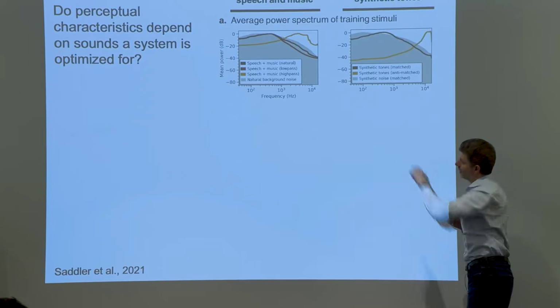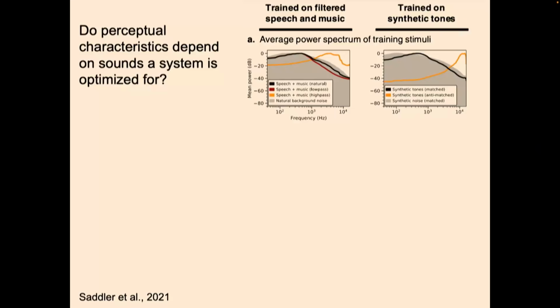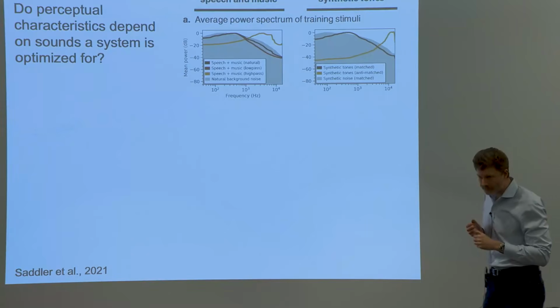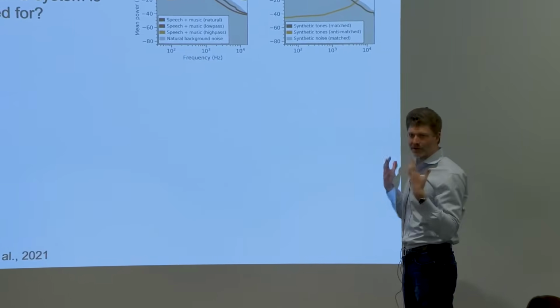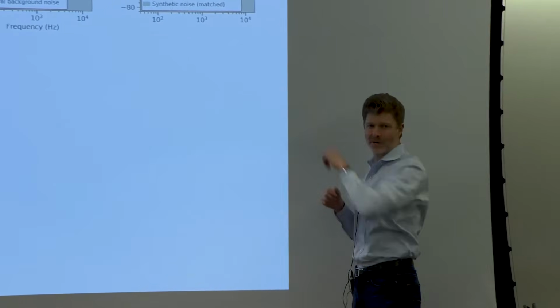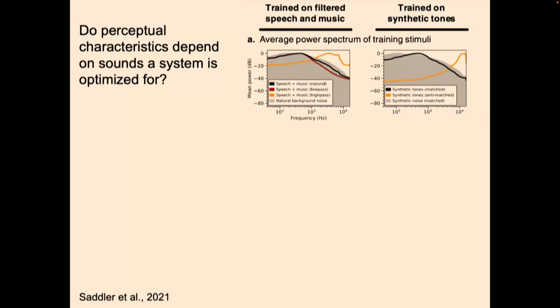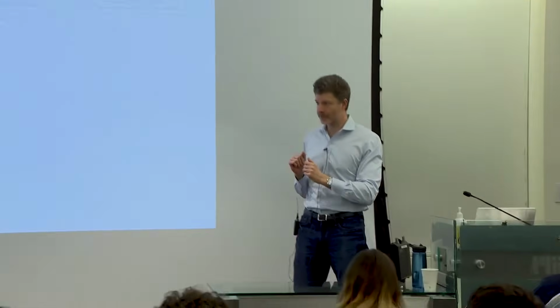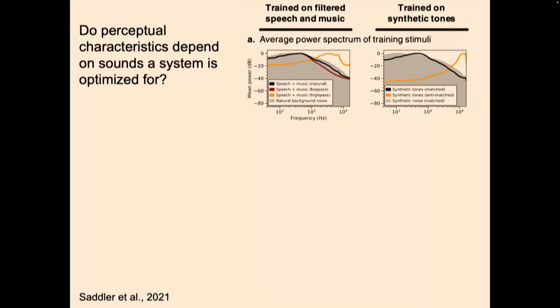The black line is the average spectrum of speech or music stimuli. And so you can see they have a fair amount of power at low frequencies, and then it drops off. Okay? And so what was done in this study is to create new sounds, either by filtering speech or music or by generating synthetic tones that have particular spectral properties, right? So that they were either low pass or high pass. Right? So high pass sounds instead have more power at higher frequencies. So you can take these new auditory diets and then optimize systems to estimate fundamental frequency under these different conditions.